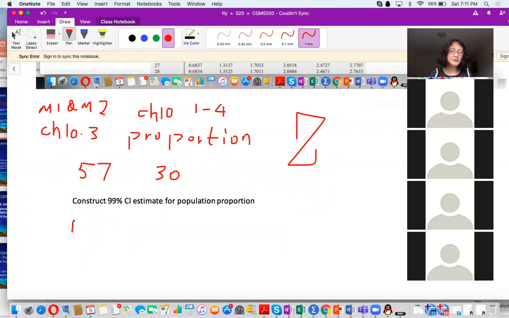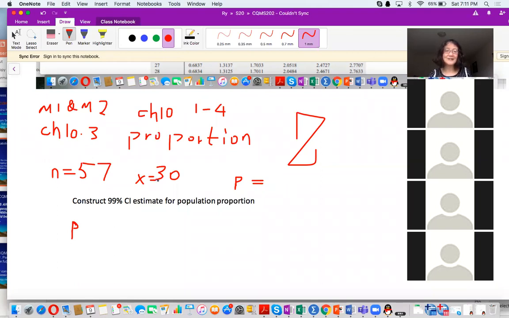So when you use the formula, by the way, let me introduce P. P is sample proportion. And we call this 57 the sample size, N. We call X the number of objects or people having some characteristic.